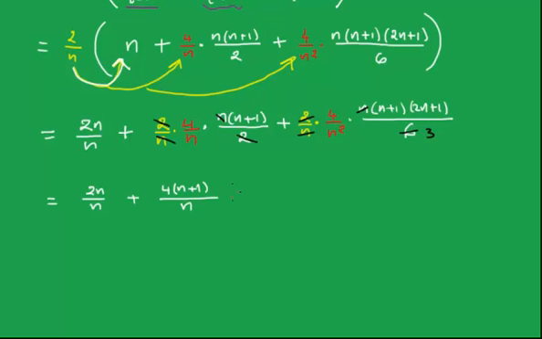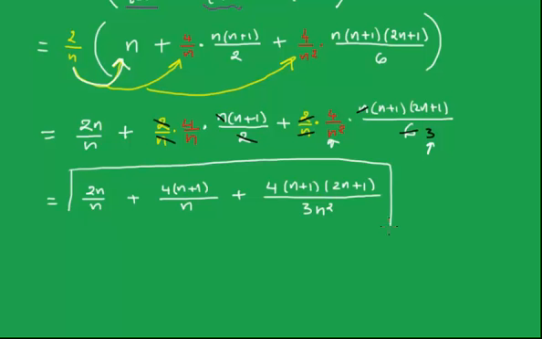So plus 4 times n plus 1 times 2n plus 1 divided by, I have the 3 that remains here, 3 times n squared. Now we can simplify further if we want to, but I'm just going to stop here for the closed form.